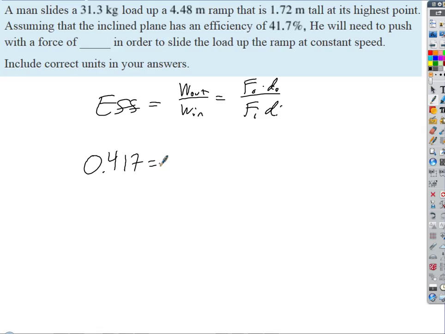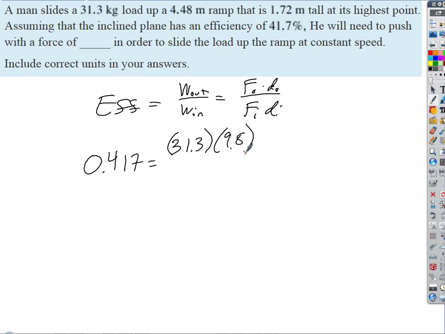The 31.3 times g. Okay, good. So the output force is going to be the weight of the crate, which is 31.3 kilograms. We'll leave units off. Everything's in standard units, right? Times 9.8.